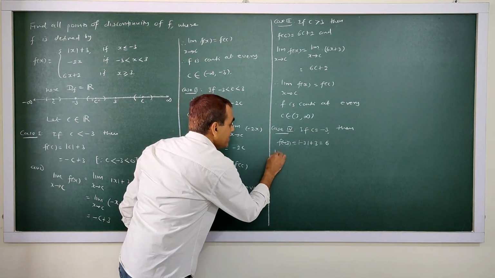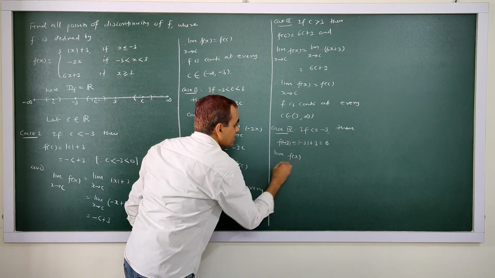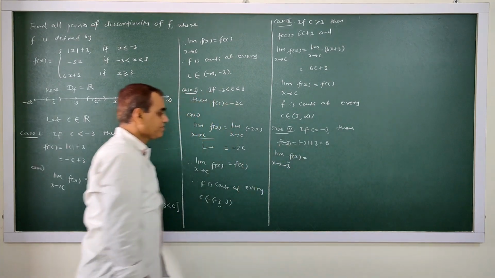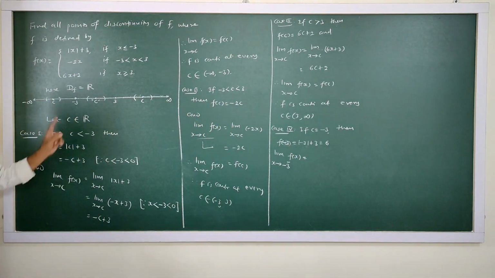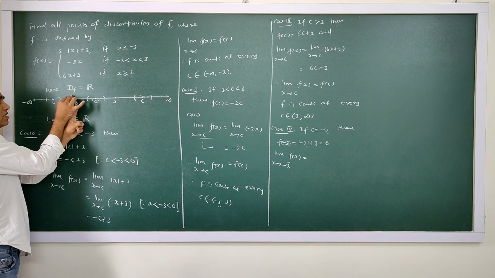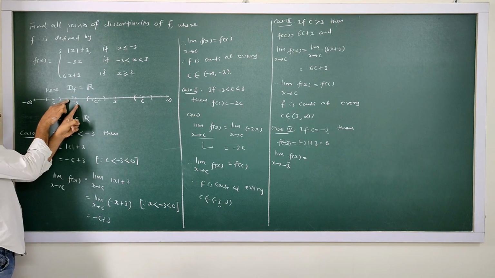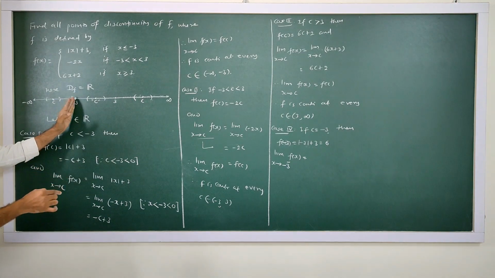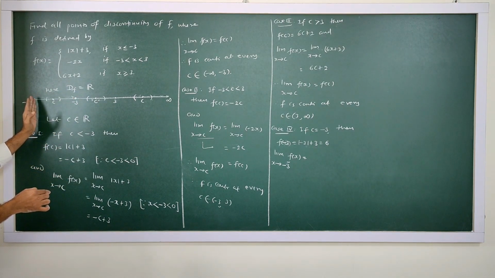And limit of f(x), x tends to -3 from the left side. So when x tends to -3 from the left side, that means x will change value like this. All values of x will be less than -3.